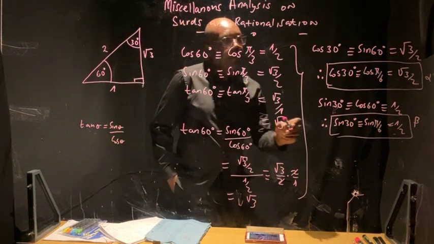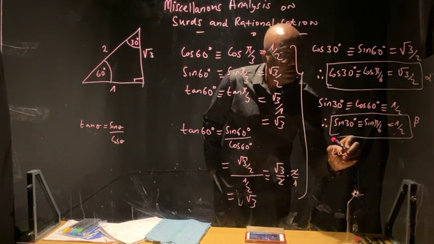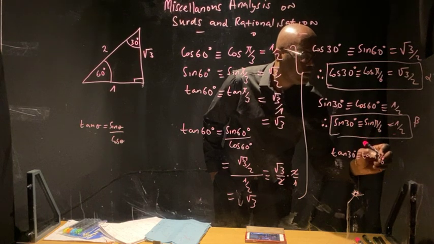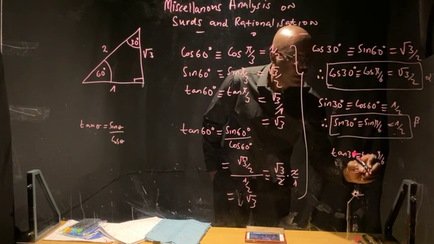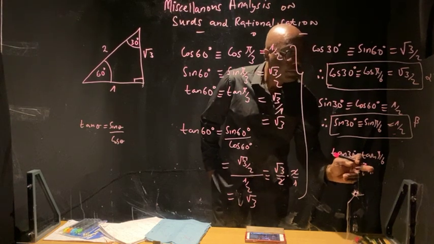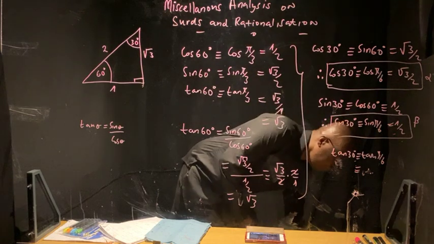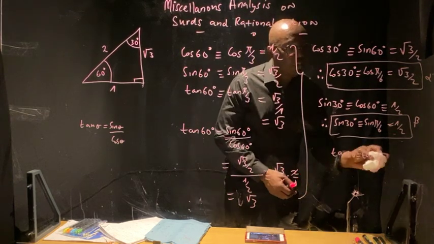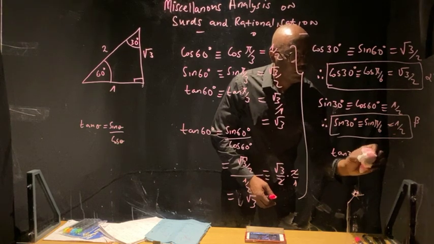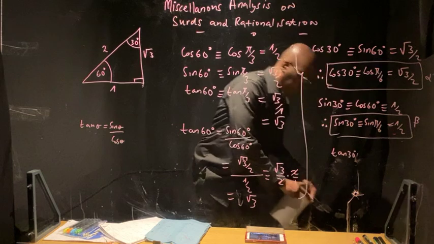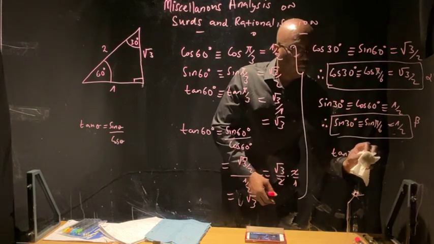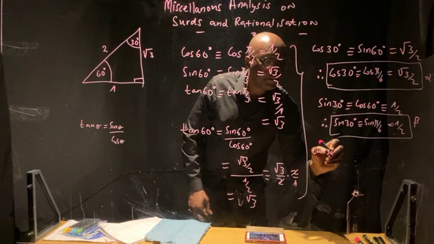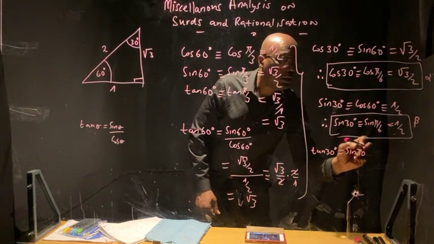In that case, tan 30 degrees or tan pi by 6 is equal to sine 30 over cos 30.